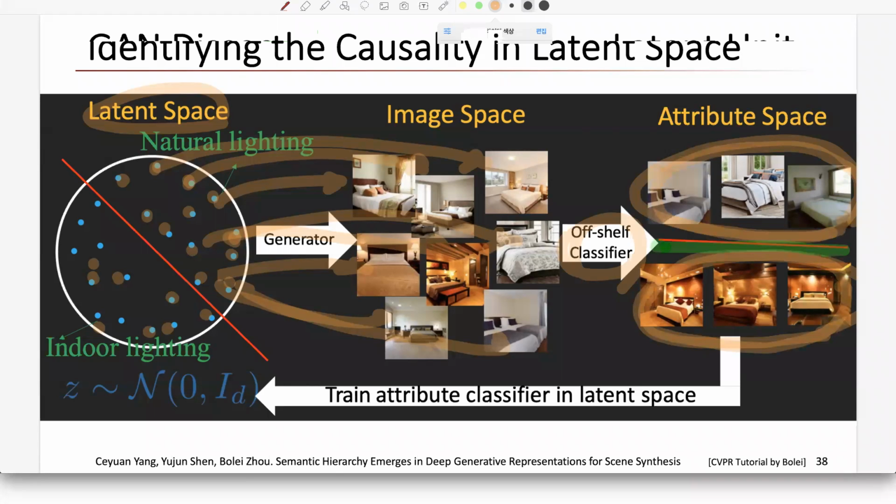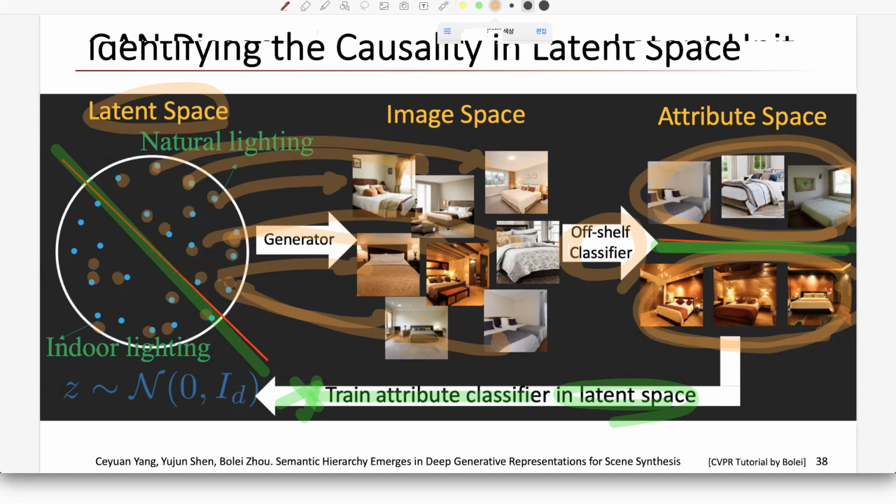From this decision boundary, we can also find the decision boundary in latent space, like this one, right? Okay, again, we can train an attribute classifier in latent space as well. Not in the image domain anymore. We can train the attribute classifier in latent space, in Z space. What can we do with this?